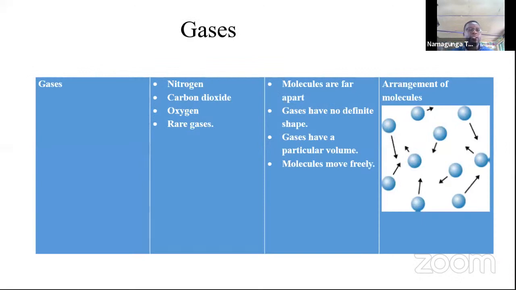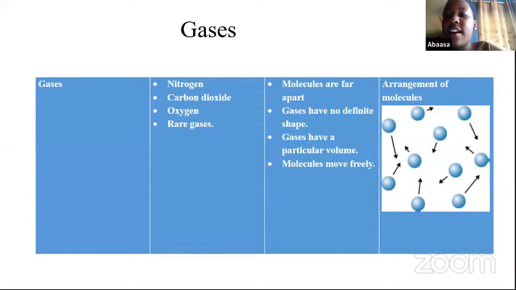So when we look at gases, we are looking at some of the substances which exist as gas. We have nitrogen, carbon dioxide, oxygen, and rare gases. Now, can I request Avasa, please unmute and read for us the first characteristic of gases.